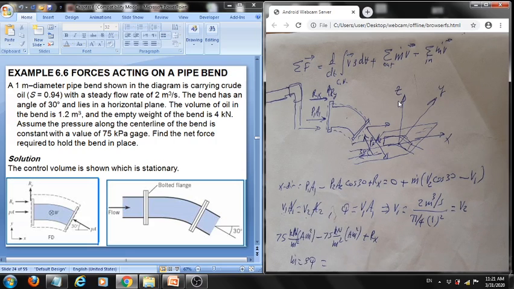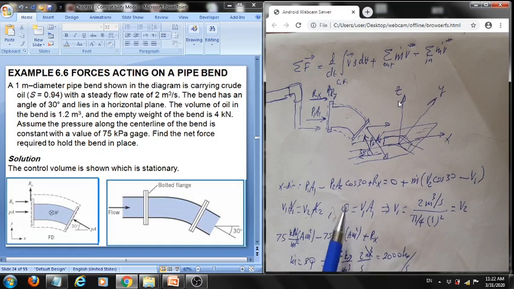We're given rho for water, we usually use 1000 kilogram per cubic meter, multiplied by the discharge, which is 2 cubic meter per second. So we end up with 2000 kilogram per second.